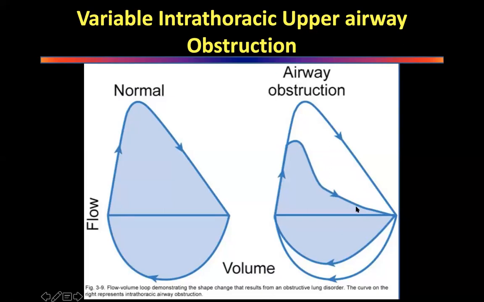That means there is a concave pattern to the slope of the expiration. So there is an obstruction to outflow of the air. Inflow is also affected. The peak is less, but still the curve is maintained. So that's not a problem, but it is the outflow that is really a problem. And that is classical of a variable intrathoracic upper airway obstruction.